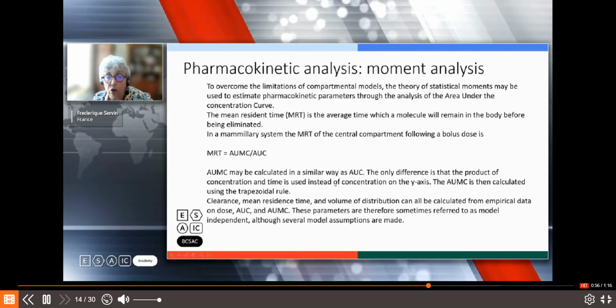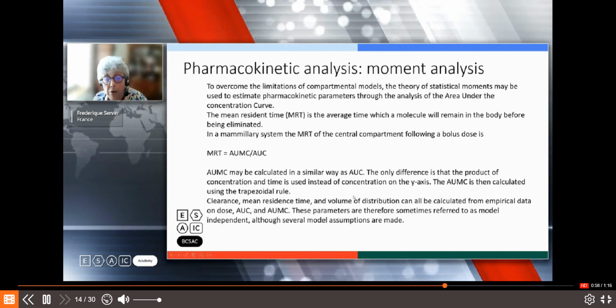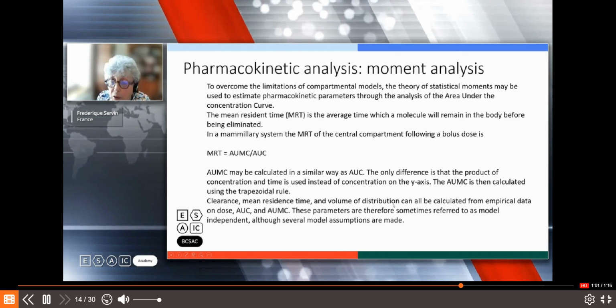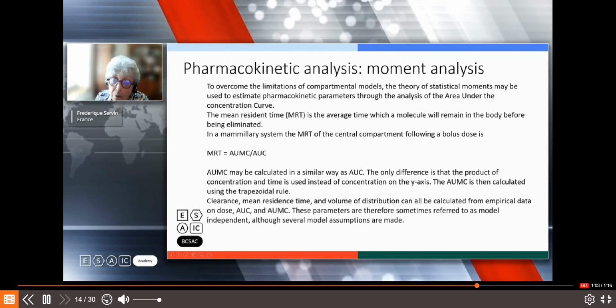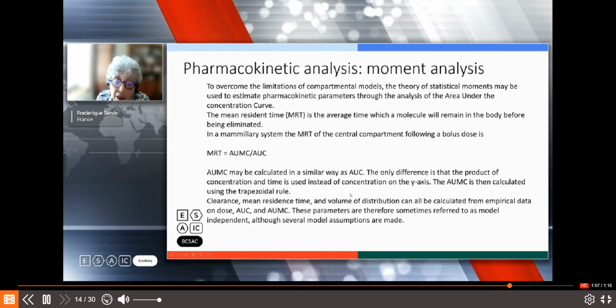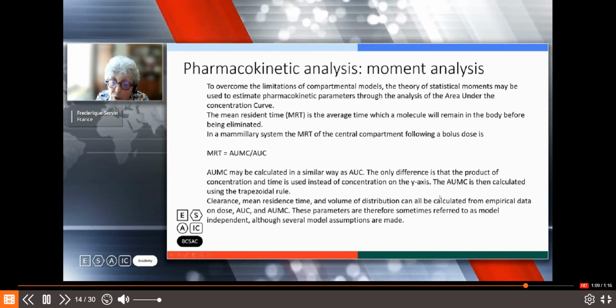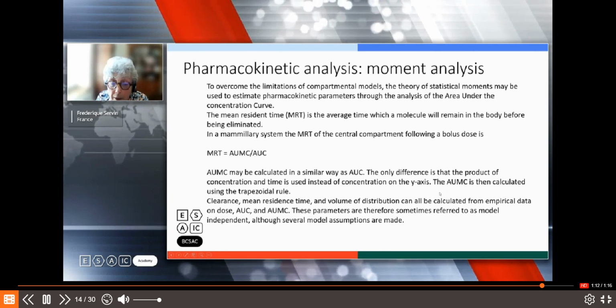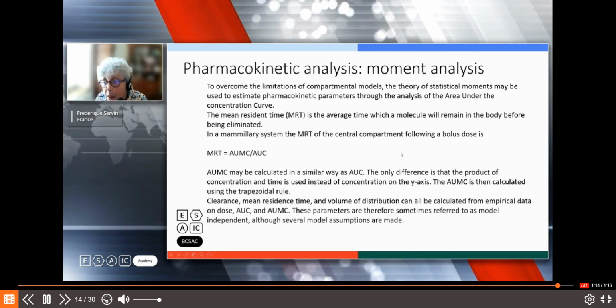And thus you can calculate clearance, mean residence time, and the volume of distribution from empirical data. This is the reason why this analysis is sometimes referred to as model independent, but this is not completely true.